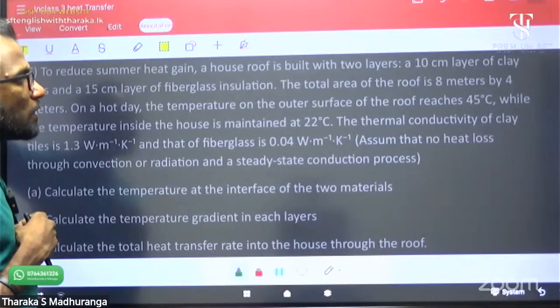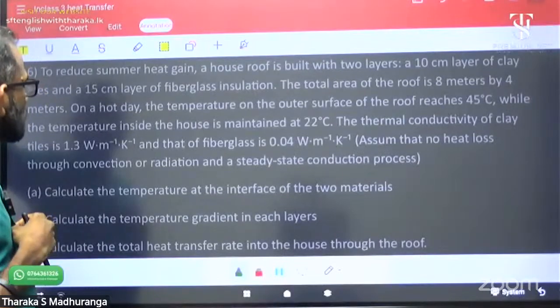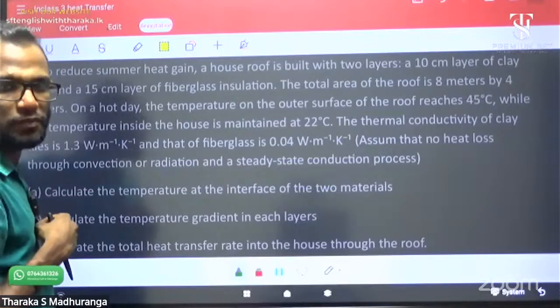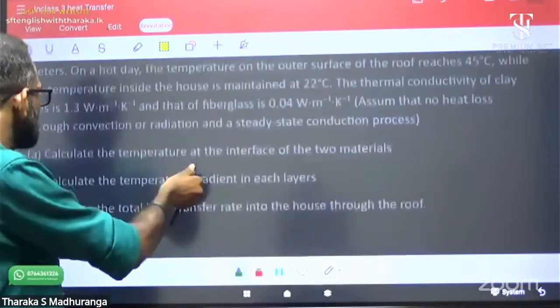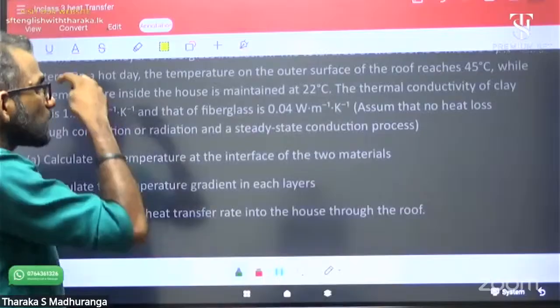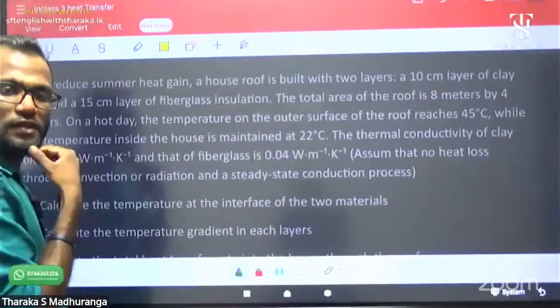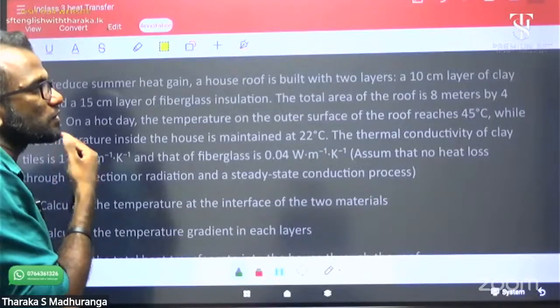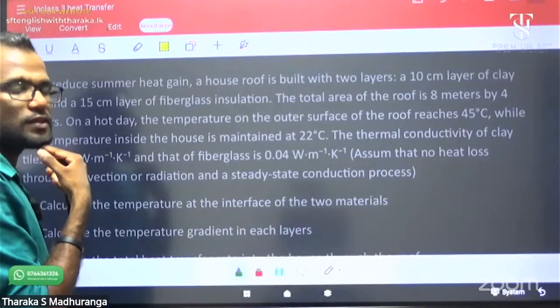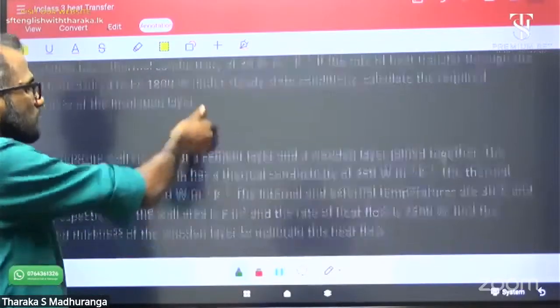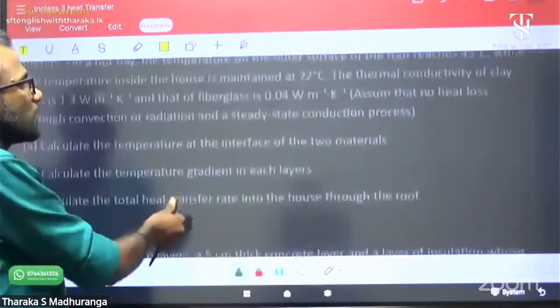Assume no heat loss to convection or radiation and a steady heat transfer process. Calculate the intersurface temperature of the two layers. Jimit, could you get this? Again, same thing.